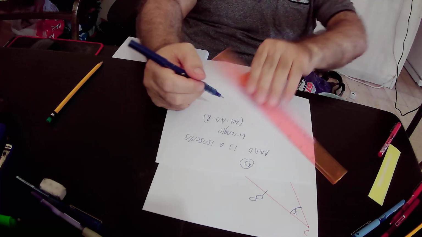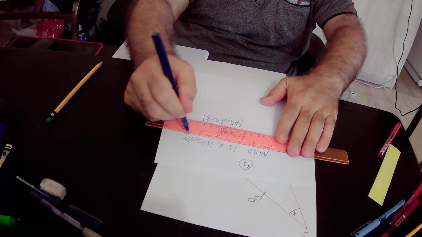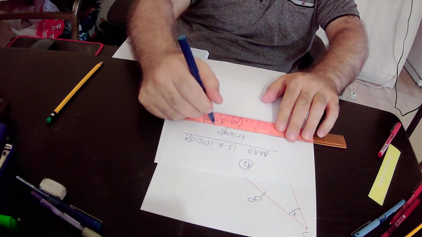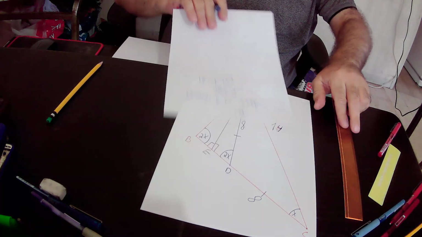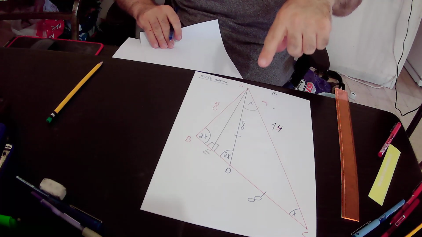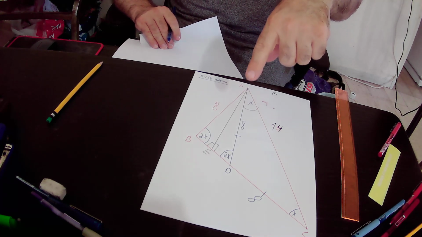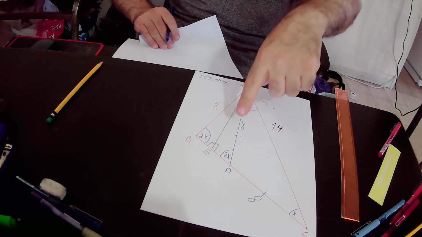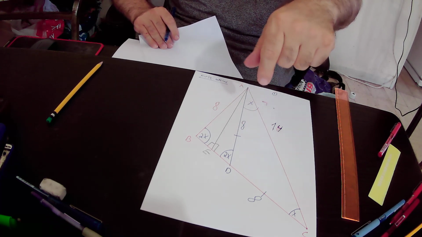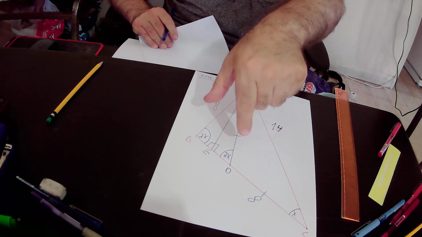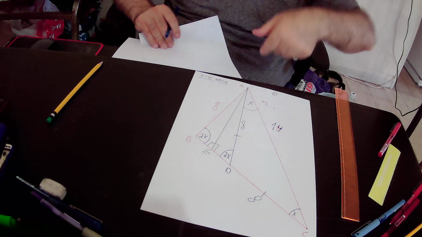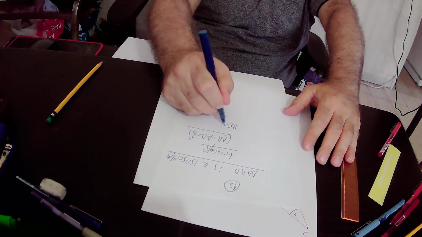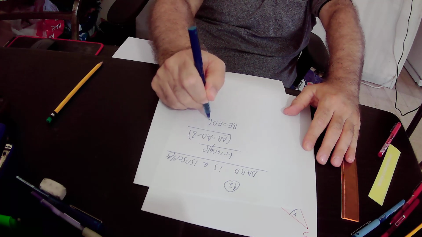Therefore, triangle ABD is an isosceles triangle. So, according to rule number 3, if we draw a perpendicular to the base of the isosceles triangle ABD, then that perpendicular AE will divide the base BD into two equal parts. That is to say BE equals ED according to rule number 3.